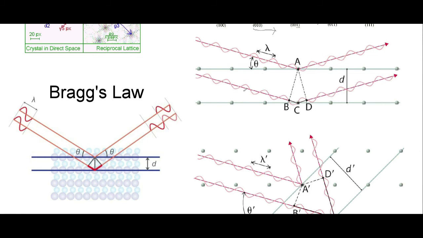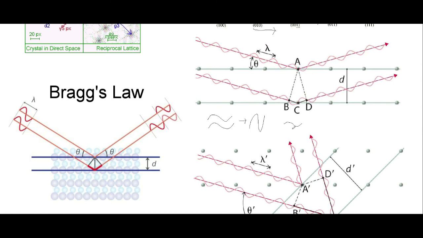If we have waves that are in phase like this, then they will constructively interfere, giving us a larger wave.